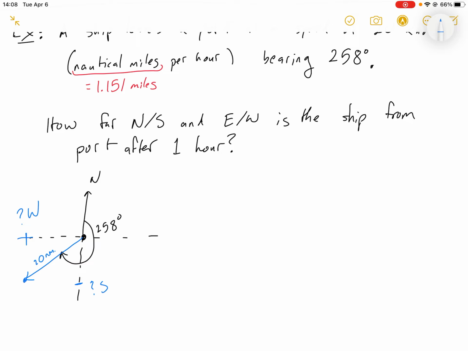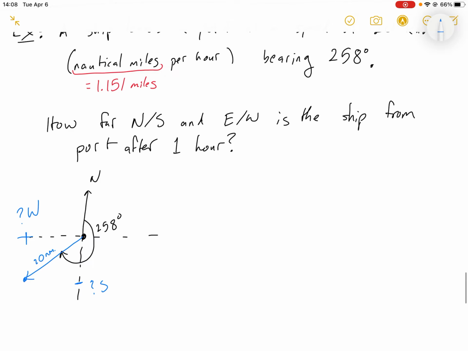And so here is our setup. Now we're going to basically do the exact same process that we've done already in this class. We're going to figure out the value of essentially this triangle, except things are going to be a little bit switched.